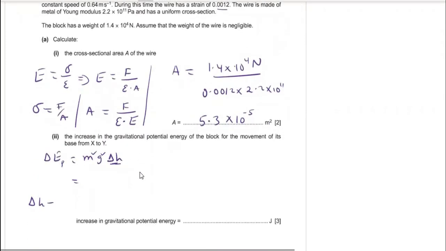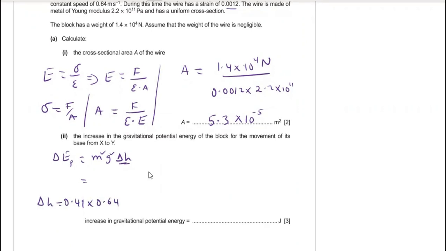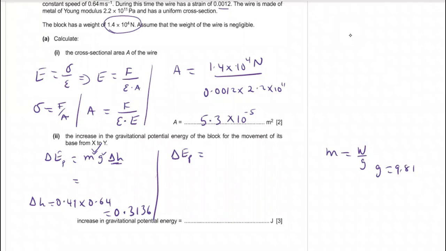So h will be equal to 0.49 times 0.664. That is 0.3136. From here, you can see clearly that mass is weight over gravity. Therefore, weight is just mg. So this value here, mg, is the weight, which we already have.